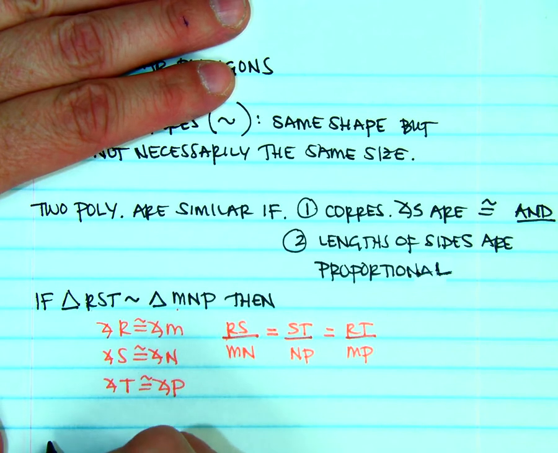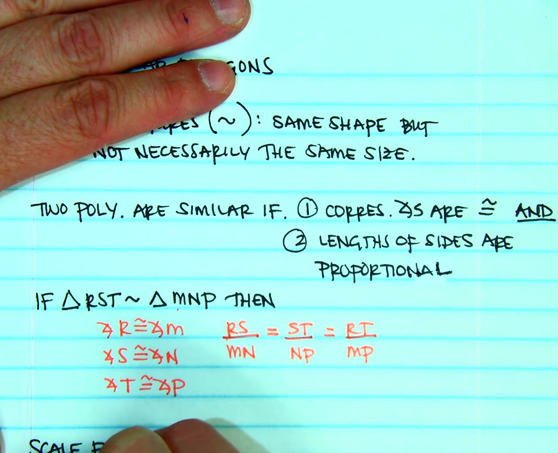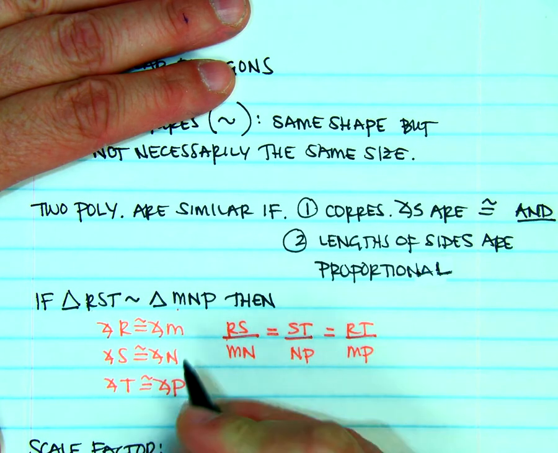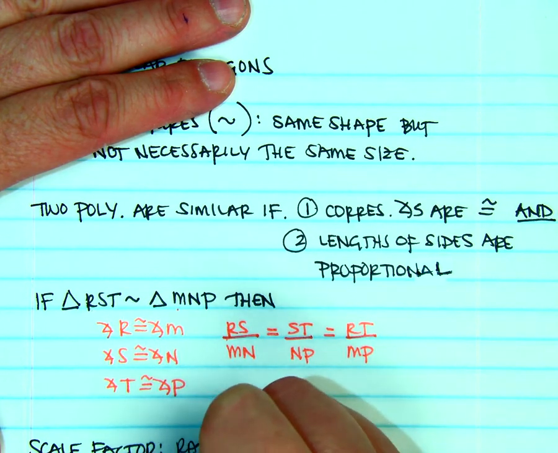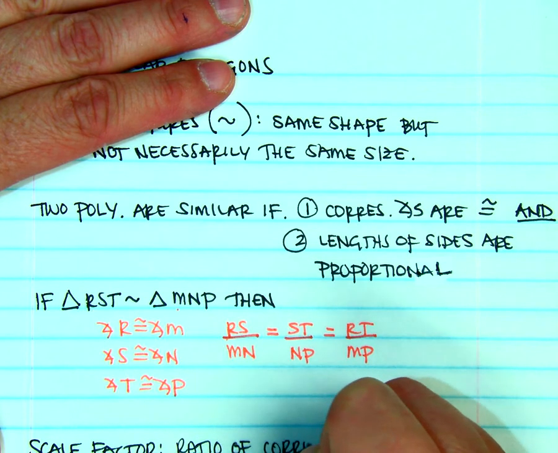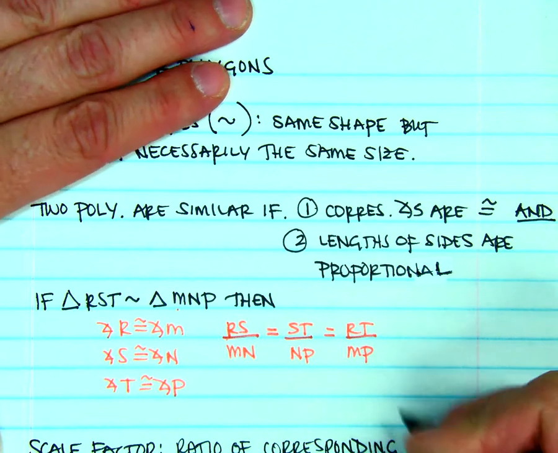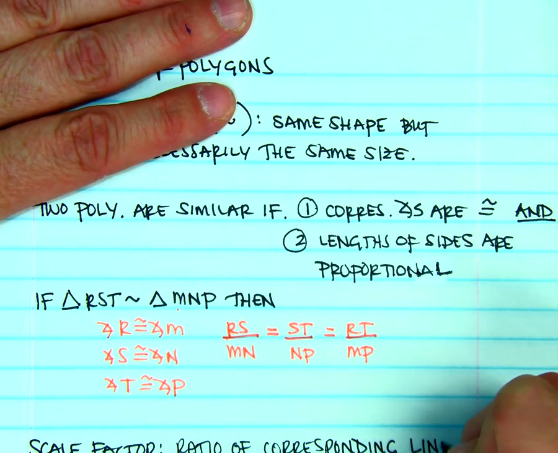If we are talking about scale factor, that is the ratio of corresponding linear measurements. So in other words, the sides.